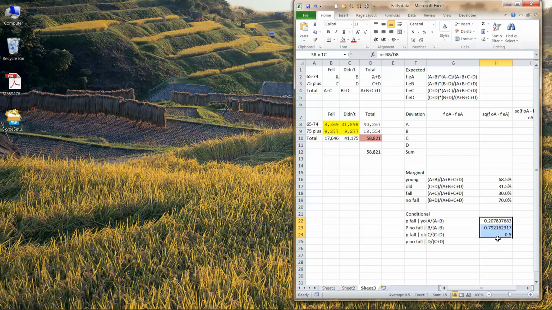So that's 50-50, right? Shall we put these in percents? Would be easier to see. And these add to 100. So the probability didn't fall given older, 50%. So these are our conditional probabilities, A over A plus B, etc.